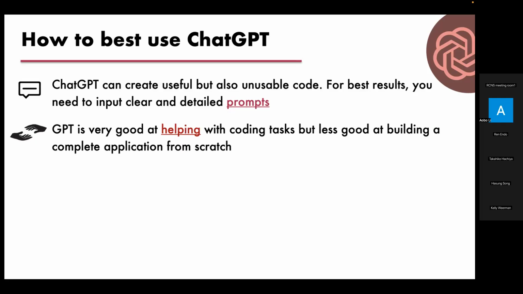Then, GPT is very good at helping you, but it's not so good at making things from scratch. I see some people asking GPT, make me a machine learning model, a transformer model, this is my data. Then it will sometimes give you a very complicated, overly complicated model, or something that doesn't work.